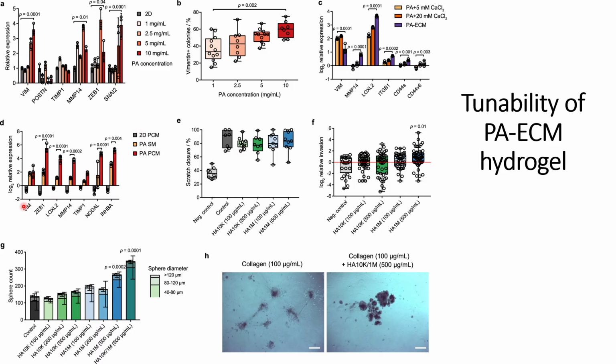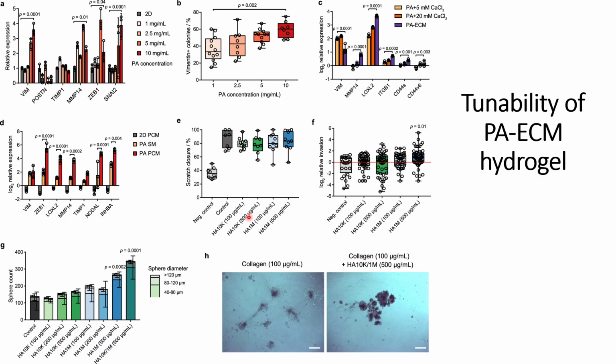They did not see an increase in the markers for EMT when the cells are cultured in 2D monolayers. That can be seen here. Vim is downregulated, ZEB1 is downregulated, and most of them are downregulated, indicating that 2D culture does not replicate the in vivo characteristics as closely as PA-ECM hydrogels do.